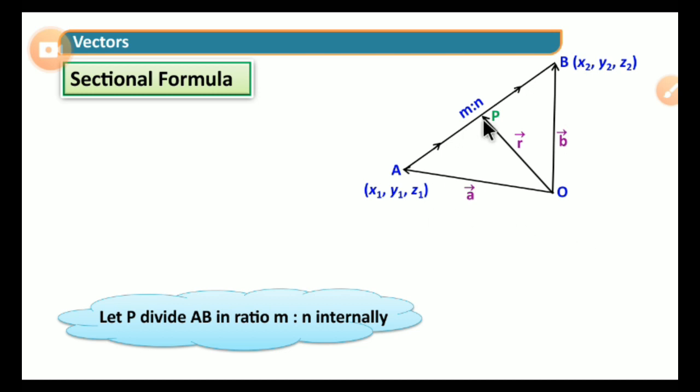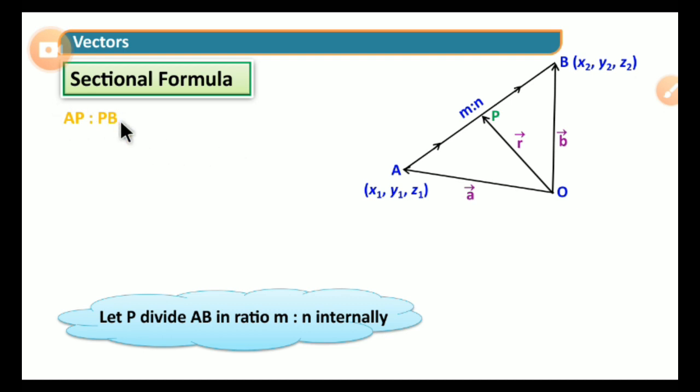Similarly, here we can consider this diagram. Let P divide AB in the ratio m:n internally. See here, A and B are the points, this is the line, and this point P divides this line in the ratio m:n internally.